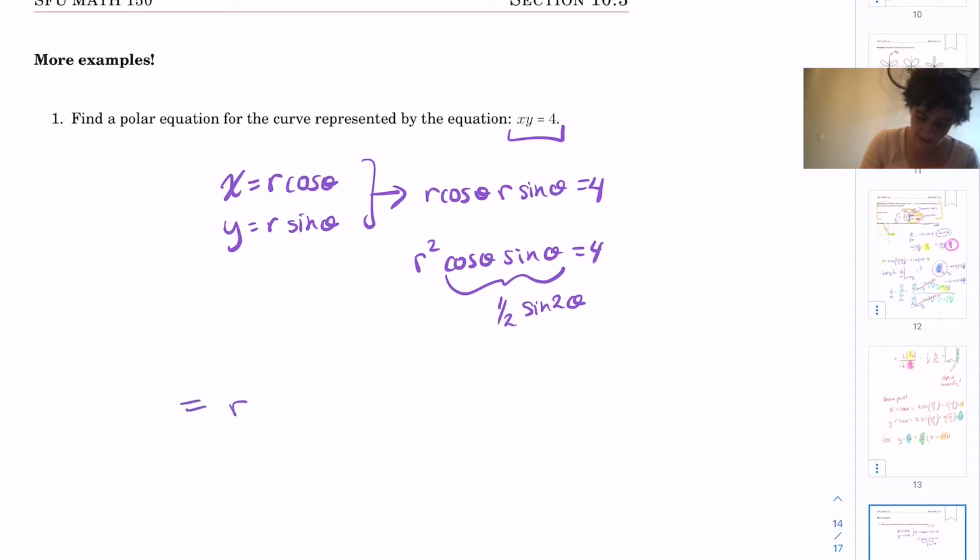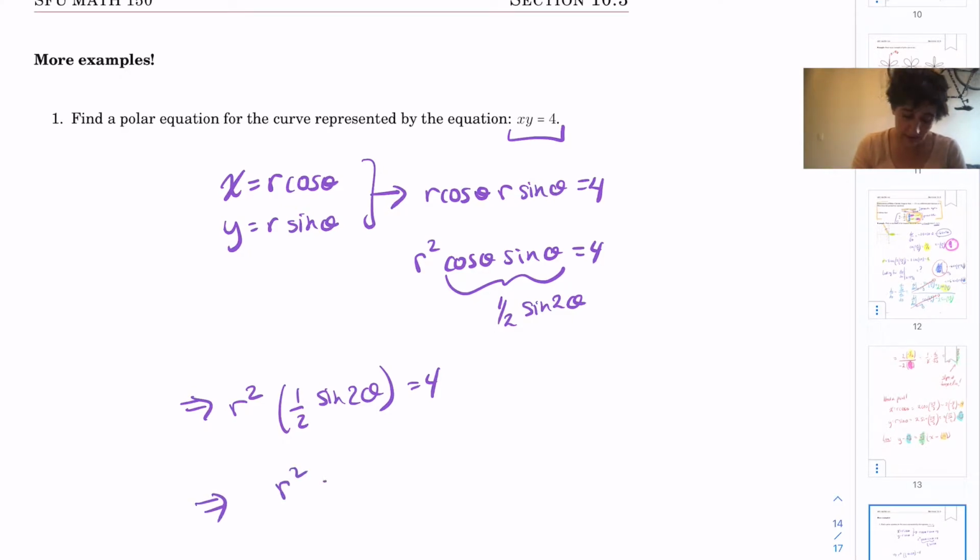That gives us r squared times 1/2 sine 2 theta is equal to 4. We can rearrange a bit and get that r squared is equal to 8 over sine 2 theta, which is the same as 8 cosecant 2 theta. And I'm happy to leave it there.